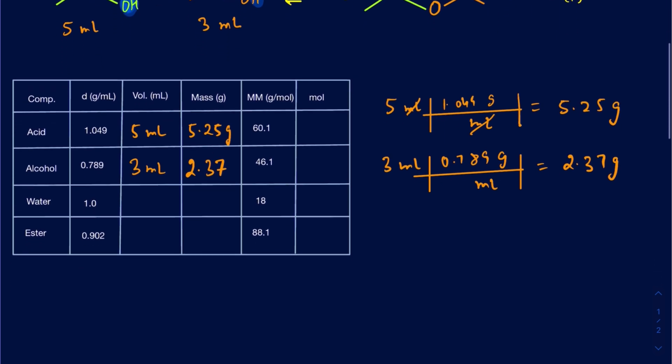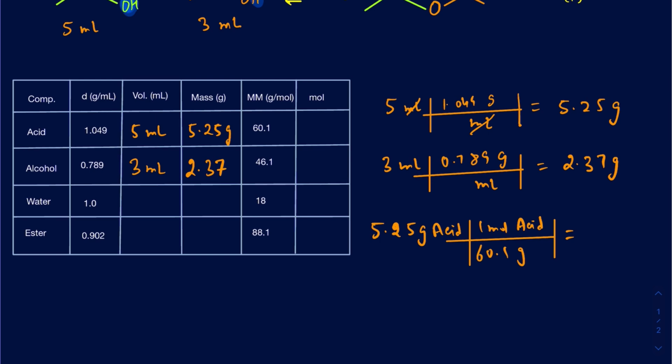Okay, and then eventually I also want to figure out the moles for each one of them. To figure out the moles for, suppose, the acid, I would have 5.25 grams of your acid here. And certainly I want to use the molar mass to find the moles. So I would have 1 mole of your acid, which in this particular case is 60.1 grams of your acid.